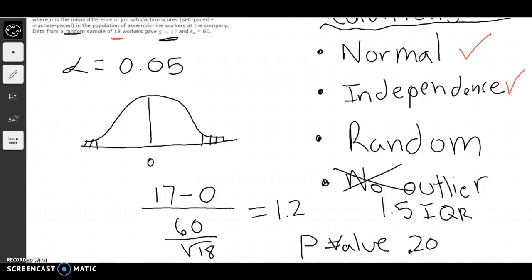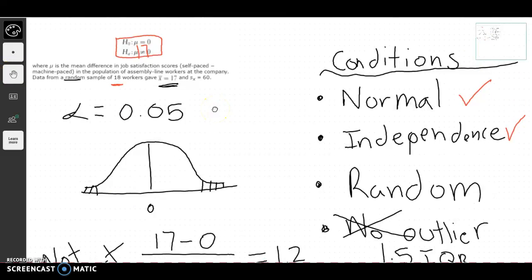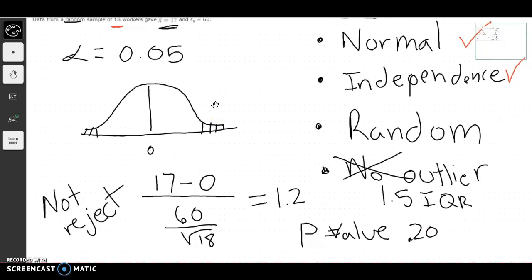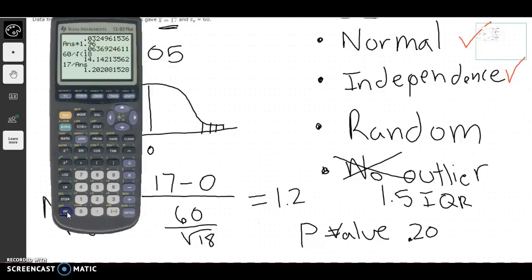So we would not reject the null hypothesis, and that's kind of how the two-sided t-test would go.